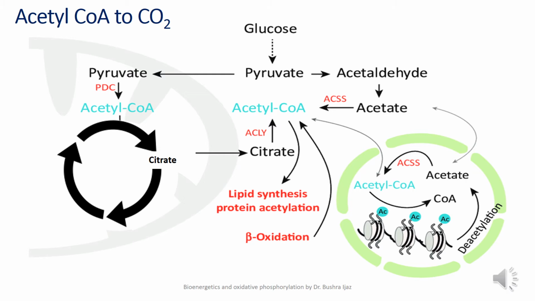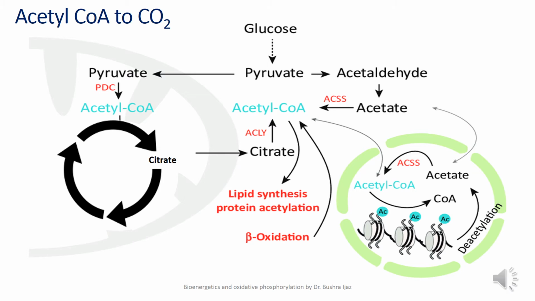The acetaldehyde can be further converted to either ethanol by alcohol dehydrogenase or to acetate by aldehyde dehydrogenase. The acetate can enter both the nucleus and the peroxisome, and in both compartments, as well as in the cytosol, it can be converted to acetyl coenzyme A by the acetyl coenzyme A synthase enzyme.